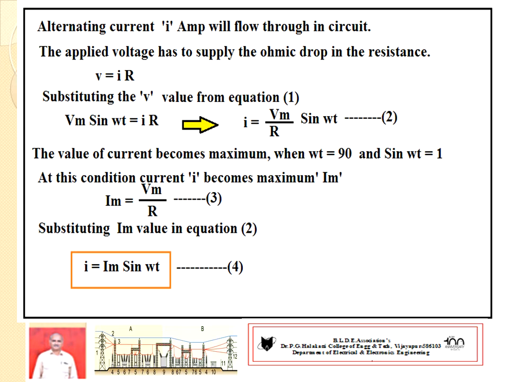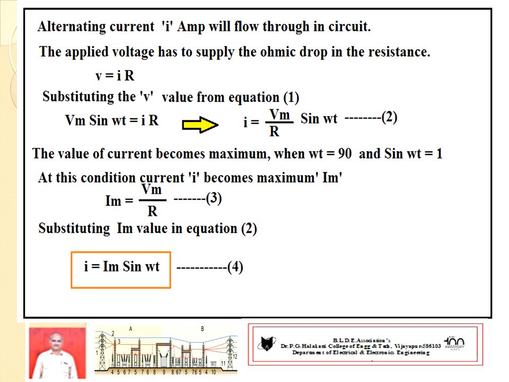Hence, this applied voltage has to supply the ohmic drop in the resistance R. Therefore, as per Ohm's law, applied voltage v equal to i into R. Substituting the value of small v, the instantaneous value of voltage, from equation number 1, it becomes Vm sin omega t equal to i into R. Hence, we obtain the current expression i equal to Vm by R into sin omega t. We call this equation number 2.